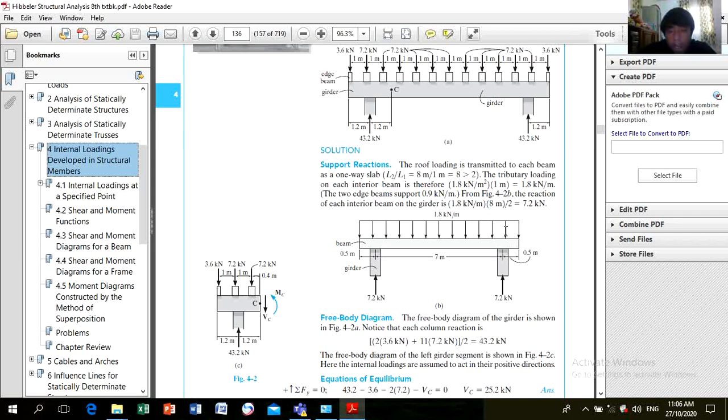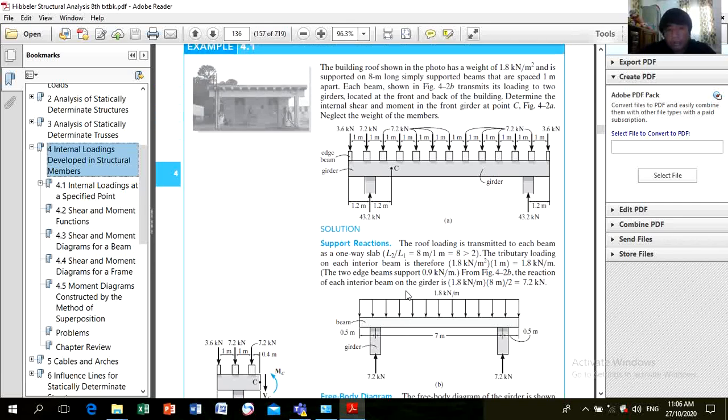The reaction of each interior beam on the girder will be 1.8 kilonewtons per meter times 8 over 2, which is equal to 7.2 kilonewtons.